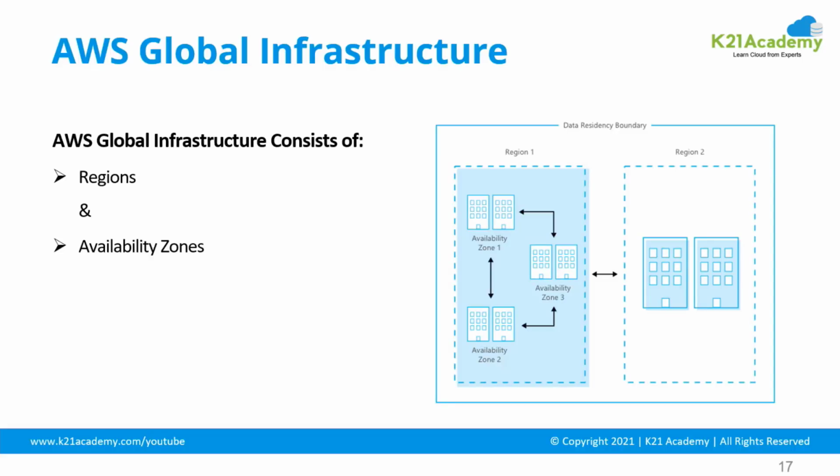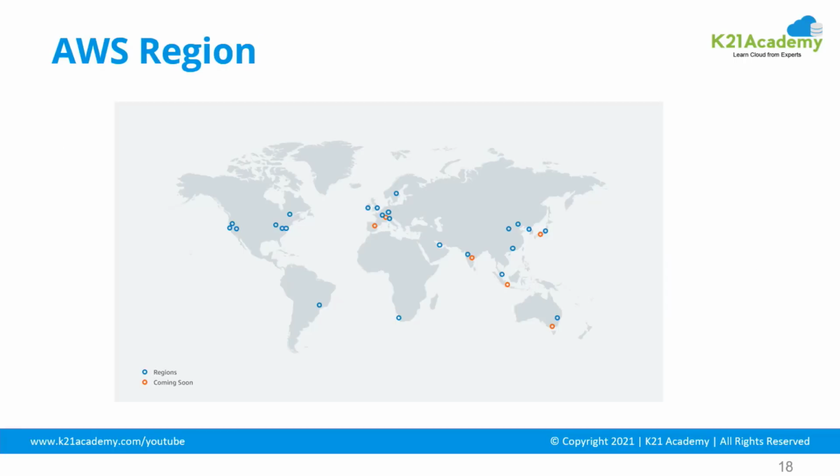So there is a concept of a region, and regions have availability zones. If you look at this diagram, you have one region in the US, or multiple regions within the US. This is the west coast, so US West and US East. Within East, there are multiple regions, these two dots here.